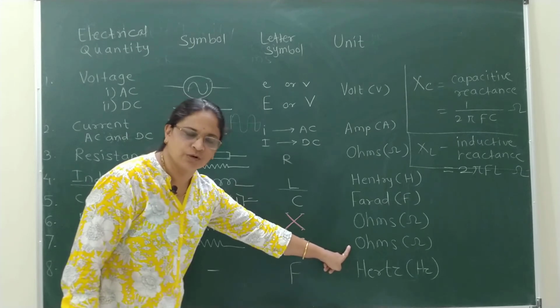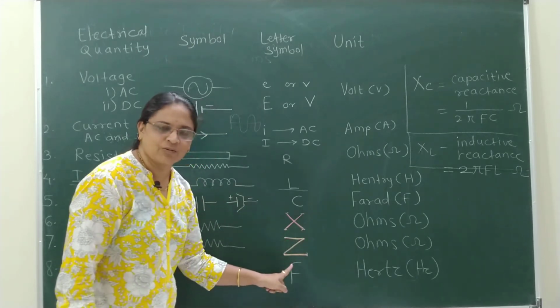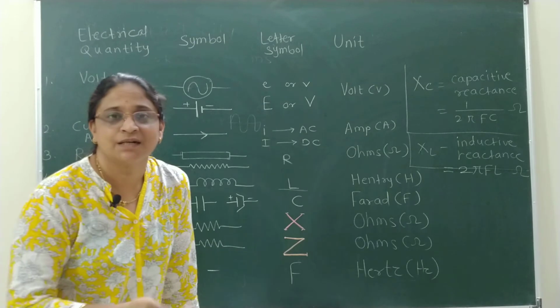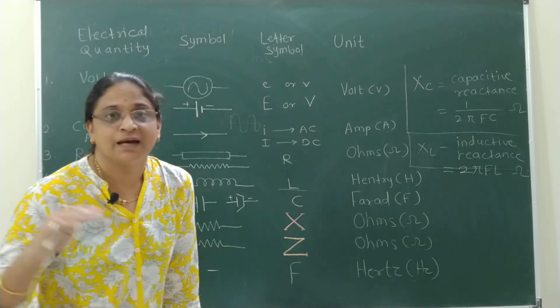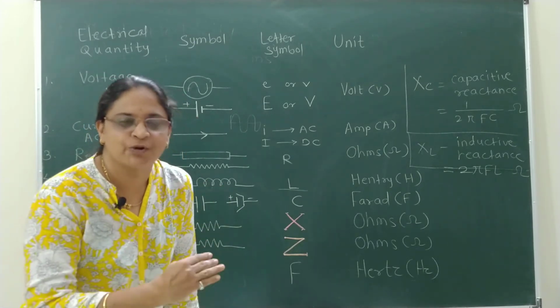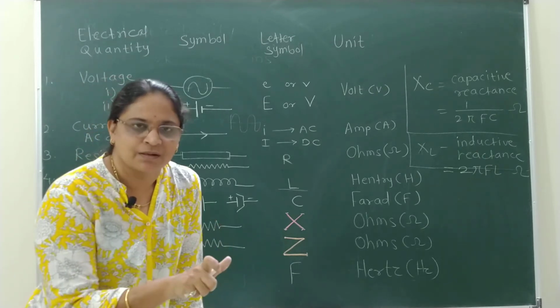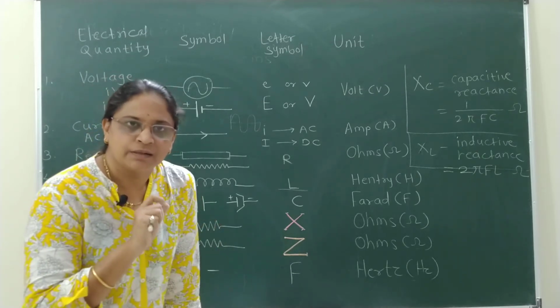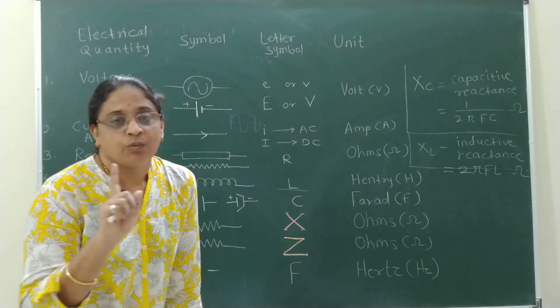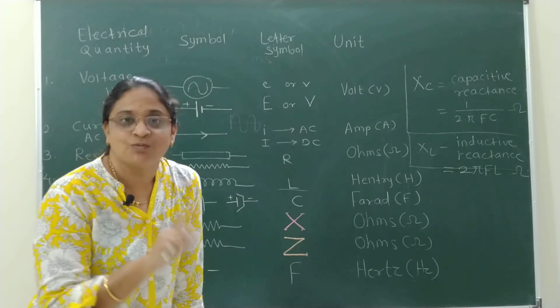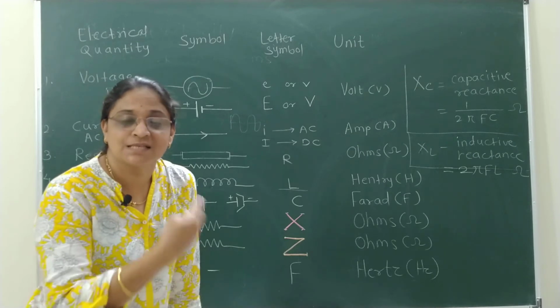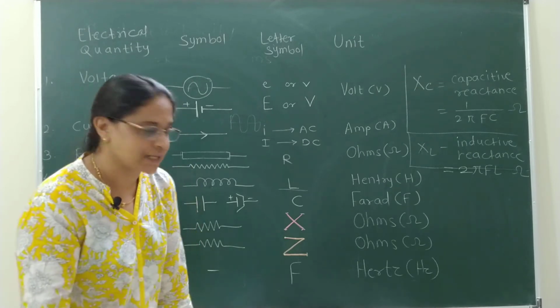Again the unit is ohm. How impedance can be calculated if resistor, capacitor, inductor are in series or in parallel, these points can be discussed in the AC fundamentals chapter, which gives an idea what is series RLC, what is parallel RLC, that is series reactive or parallel reactive circuits.